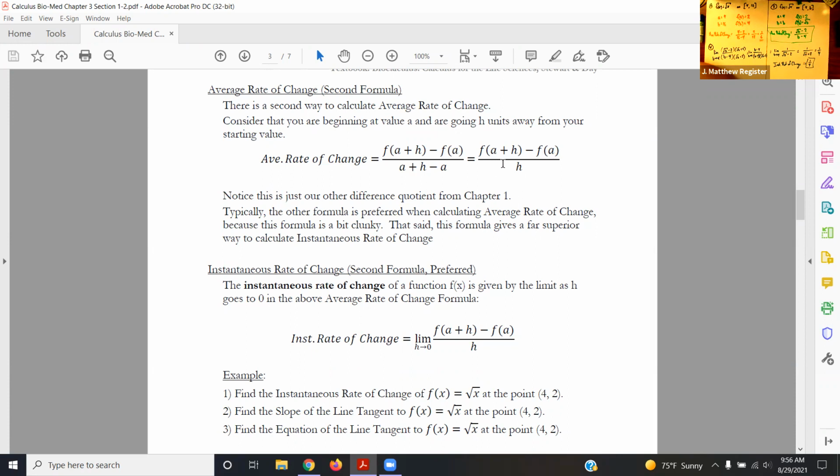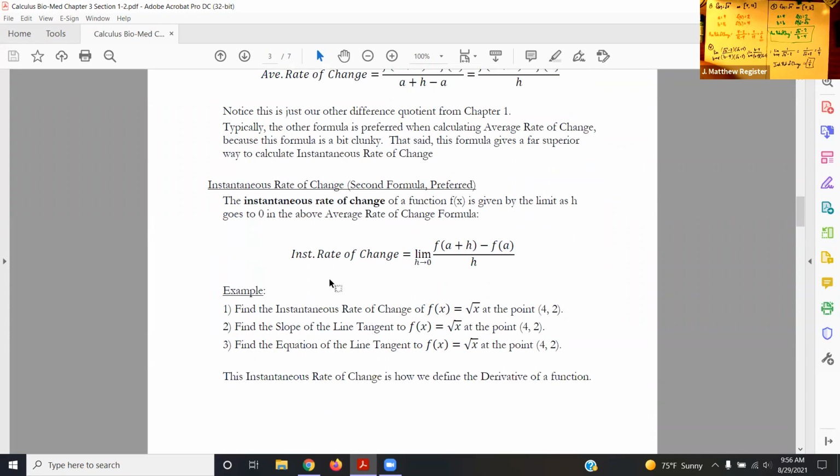And this will tell you the average rate of change from a point to some value h units away. This one, I even wrote in the notes, is a bit clunky for finding the average rate of change, because with average rate of change, you really want to know what your starting and ending values are. And with this one, it gives you the starting value and it tells you how far away the second value is. That's not as useful.